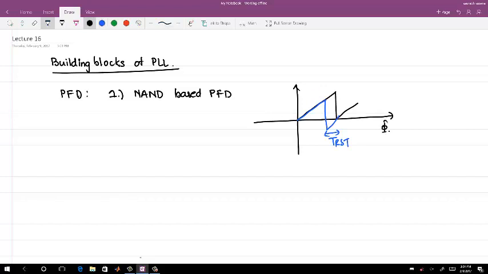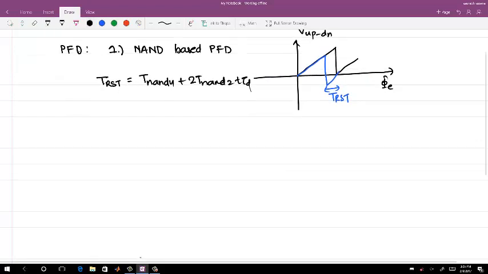So the next thing is you look for other architectures which can give you a lesser T reset time, and in the first one the reset time was T NAND 4 plus 2 T NAND 2 plus tau D. That was the reset time.